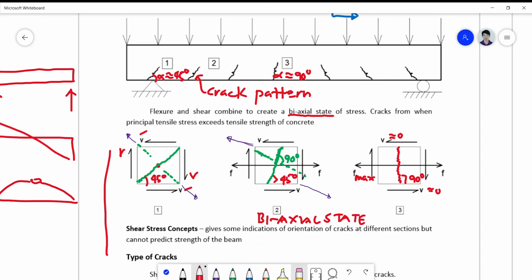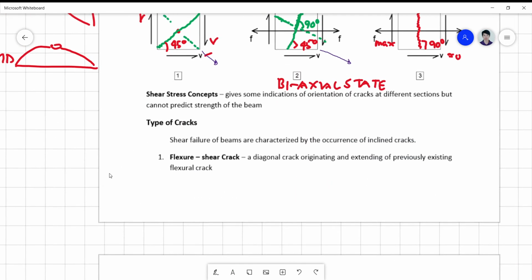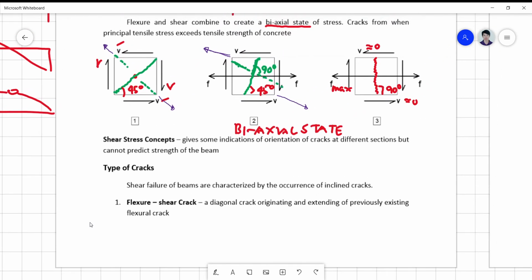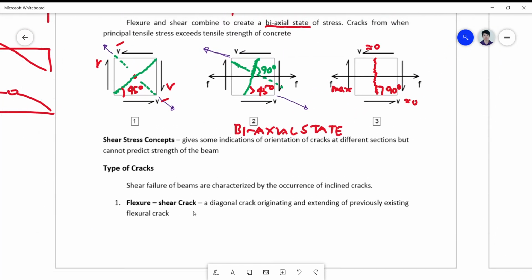So to continue, what are now the types of cracks? So we have what you call the flexural shear crack. Okay.